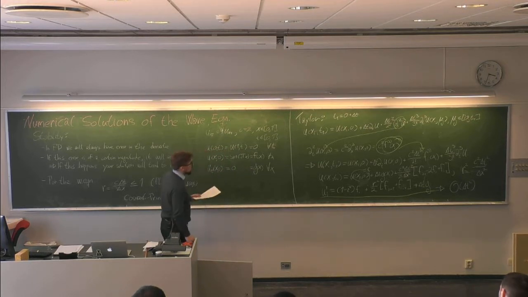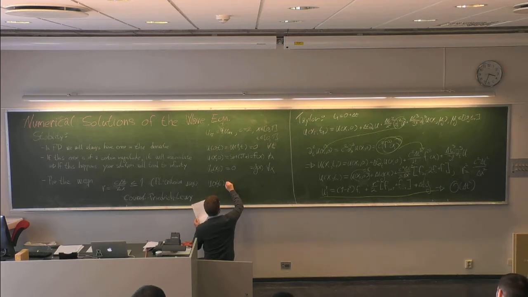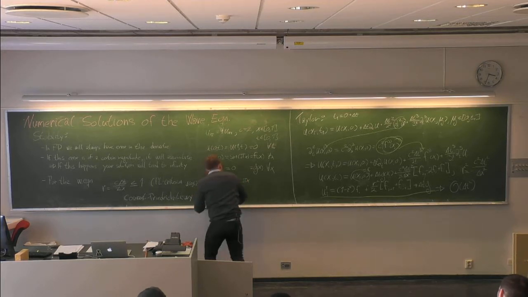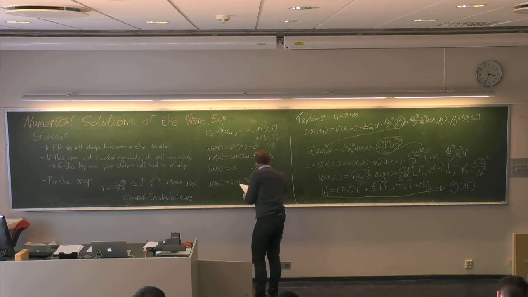And then I just tell you the analytical solution of this problem because we will compare it to it. So that is u of x, t equals sine of pi x times cosine of 2 pi t.